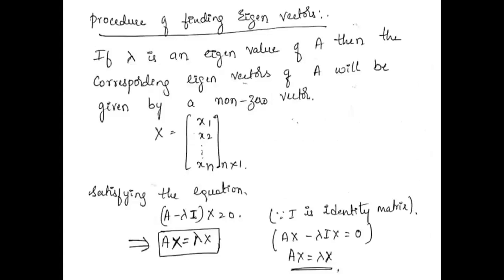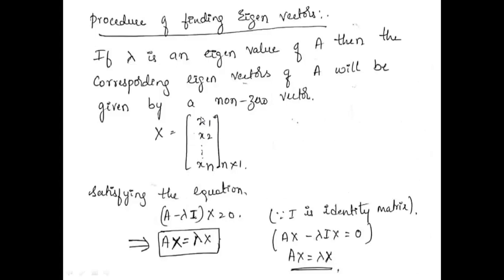So let's see what exactly this means, right? So what is the procedure of finding eigenvector? Okay, when I read this procedure and when you see this, it may not be very clear. Clarity will be obtained once we look at a solved numerical. Okay? But still, let's go through the procedure. So again, if lambda is an eigenvalue of A, then the corresponding eigenvector of A will be a non-zero vector, and X will look like x1, x2, up to xn, and it will be n cross 1.